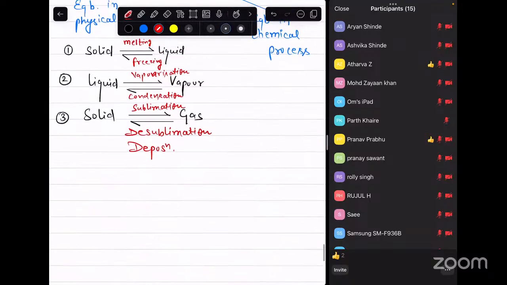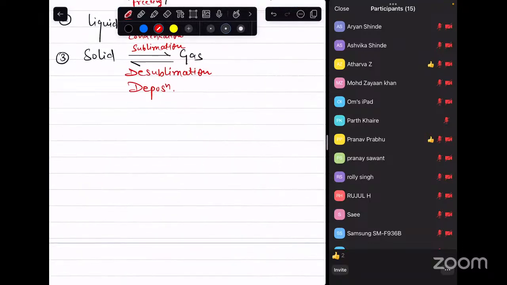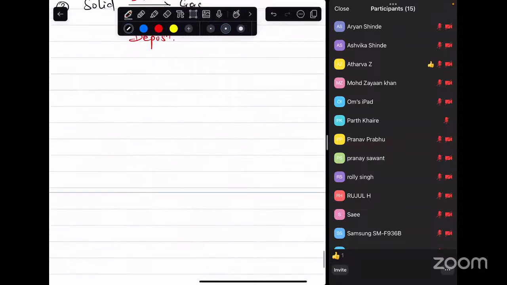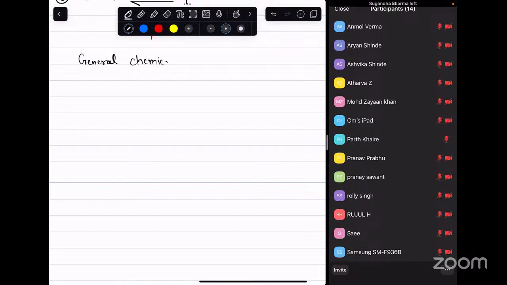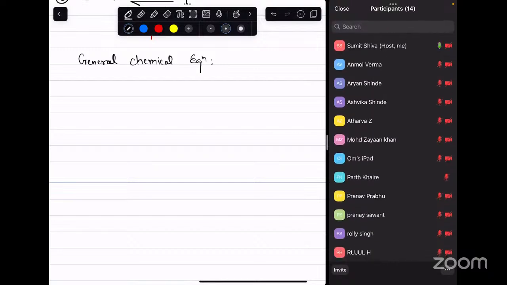Okay. Now let's take an example of chemical equilibrium, in which we have a general chemical reaction. A general chemical equation in which a reaction is happening in both the directions, forward as well as backward.